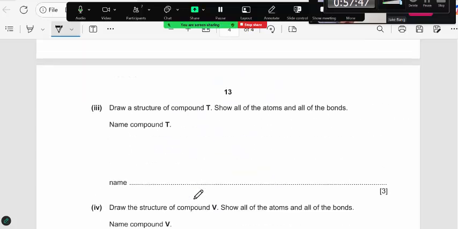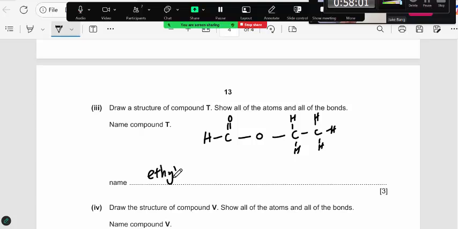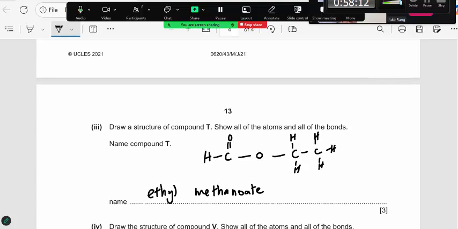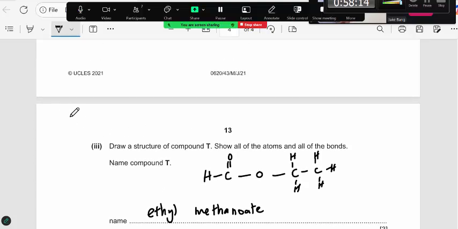No, so you can draw whichever, as long as you have 3 carbons. So if you draw this, it is ethyl methanoate. If you drew it the other way around, the other way around is like this.